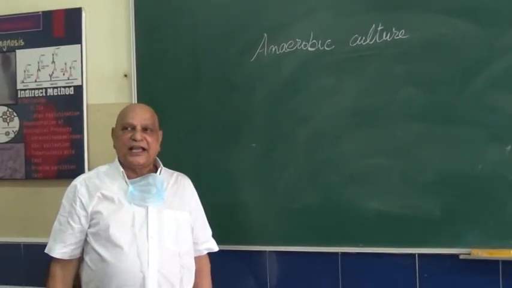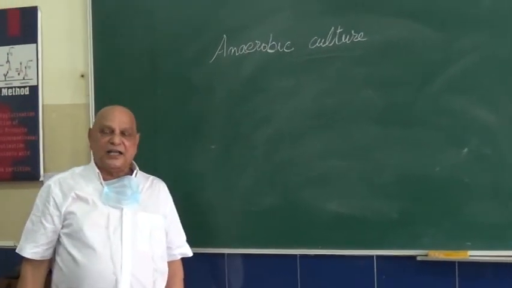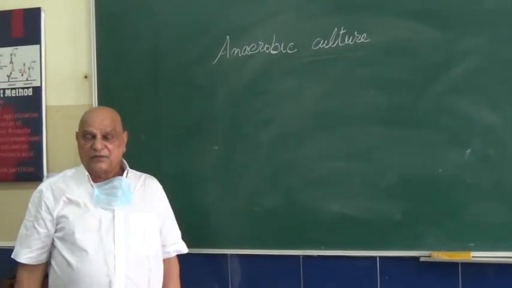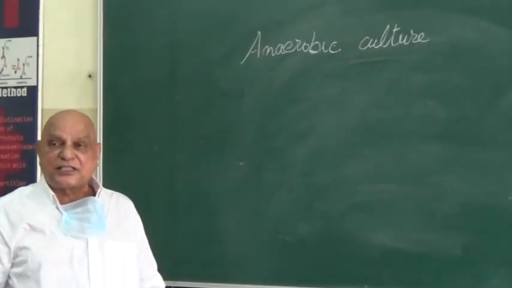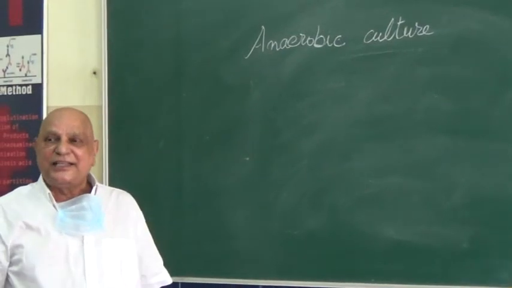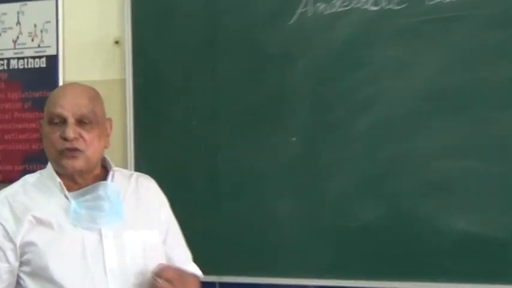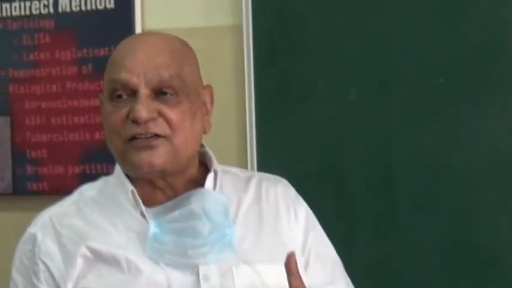These are called anaerobic bacteria. Some anaerobic bacteria are such that even when they get exposed to even a slight amount of oxygen, they may die. They will not grow. These kinds of organisms are called obligate anaerobes.